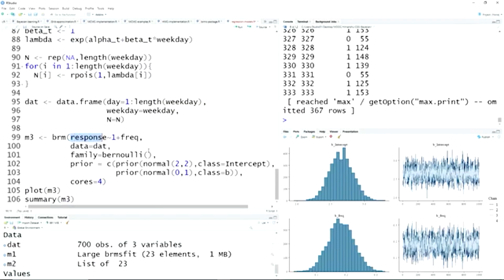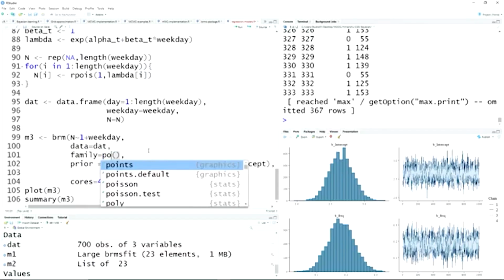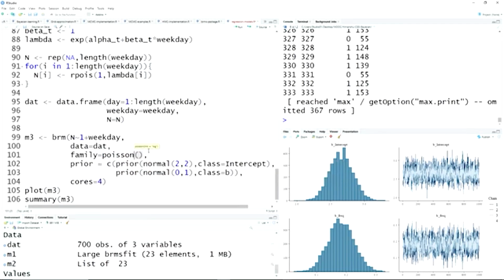So the outcome variable is n, dependent variable is n. The effect that you want to see is of weekday. Data is dat. Family is now Poisson. By the way, it also shows you options, what kind of link you want to define. So for example, here I will define log link, which is basically the kind of transformation you want to apply on parameter lambda.